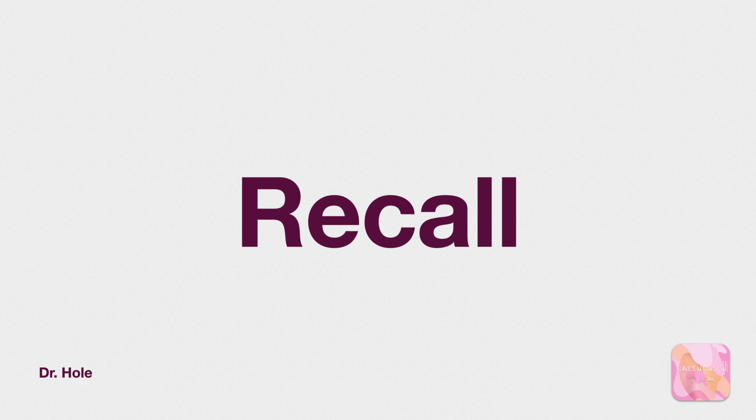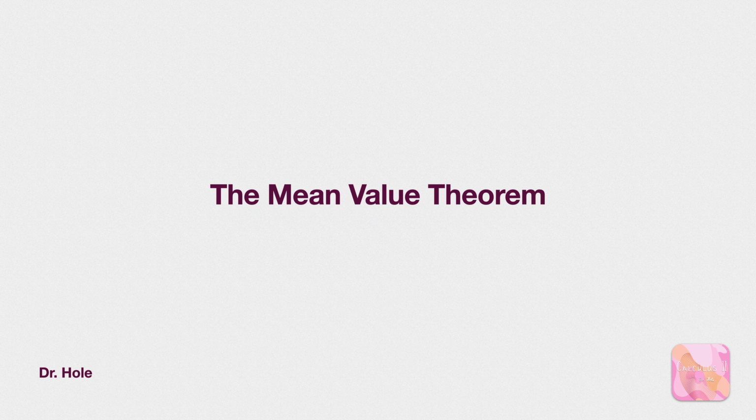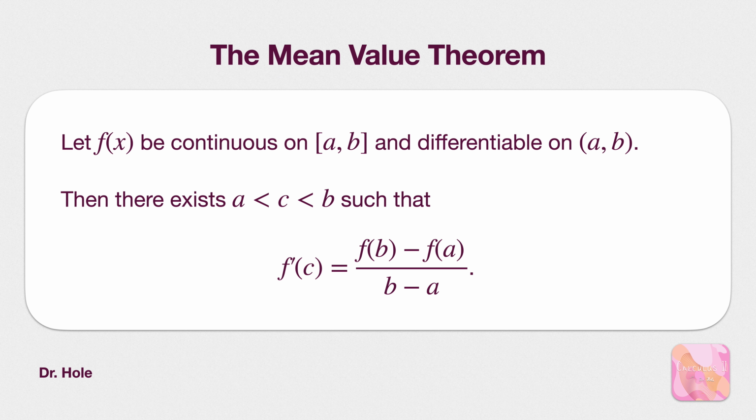And we need to recall the mean value theorem from Calculus 1. So, in the mean value theorem, we have two conditions required on little f: that it's continuous on the closed interval a to b and differentiable on the open interval a to b.